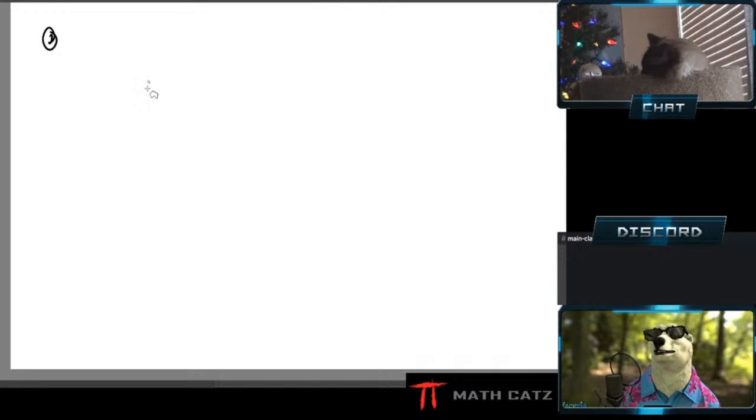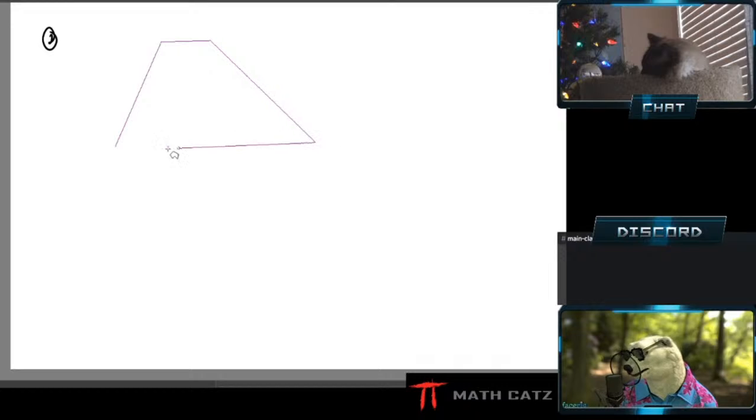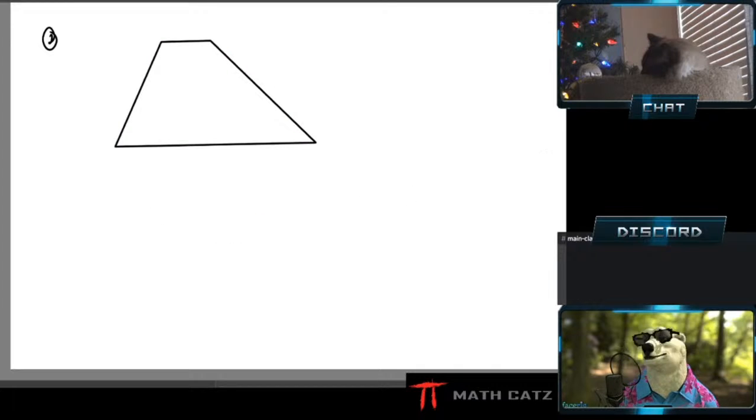We have, let's copy the shape, a little top side here, more angled there, and then like that. Some side lengths, 8, 10, and we have this down 7.